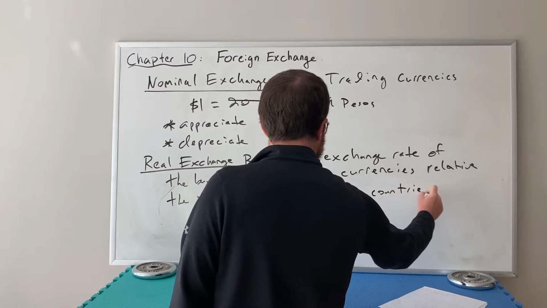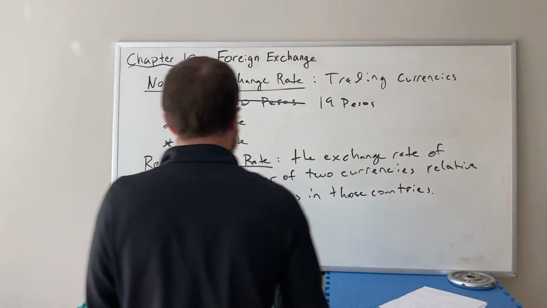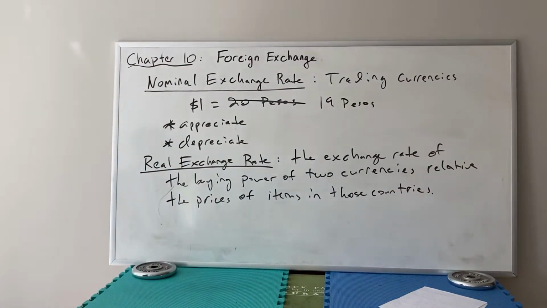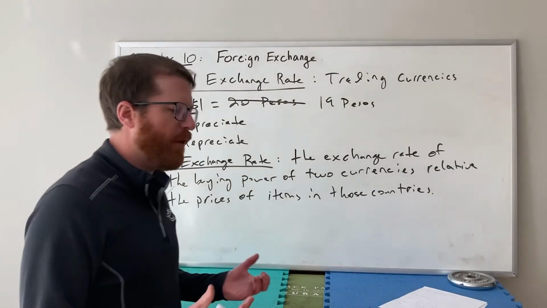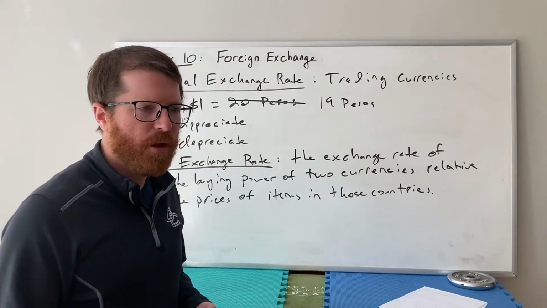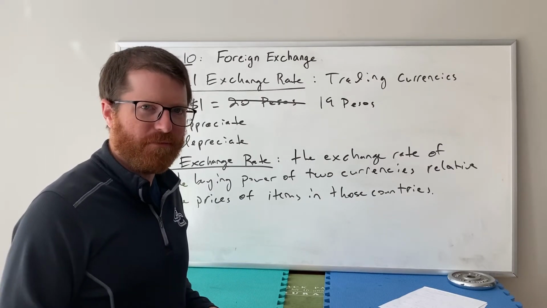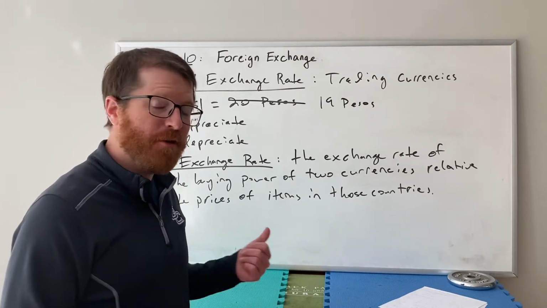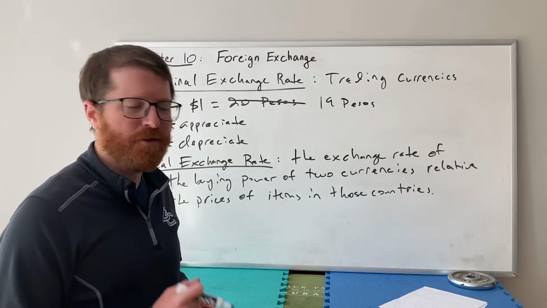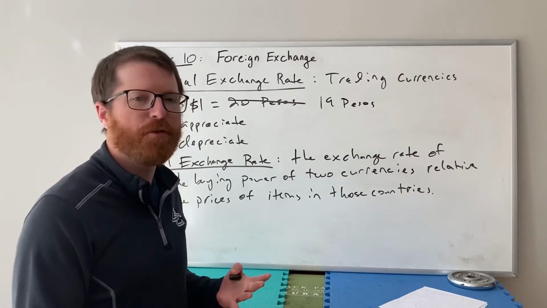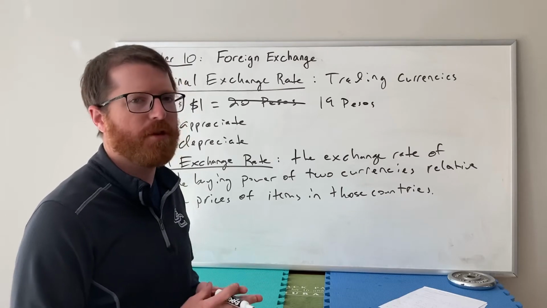Maybe not the most descriptive definition ever, but basically the real exchange rate is thinking, rather than what could we exchange currencies for, what could we buy after we exchange those currencies? So if you go to Mexico and you take $100 and exchange it for pesos, you get 2,000 in return. That would be the nominal exchange rate.